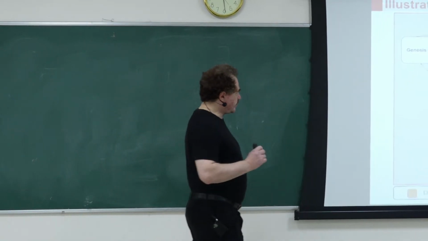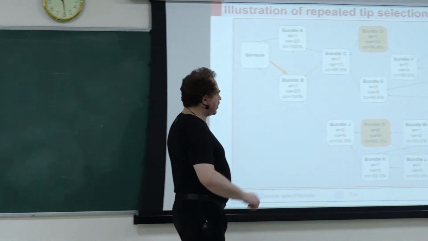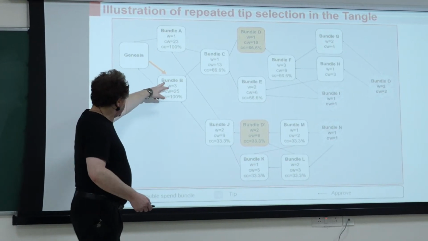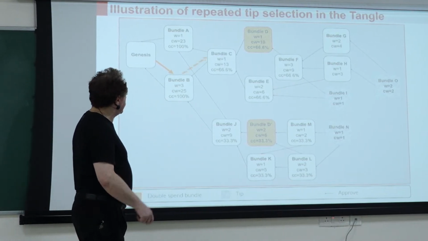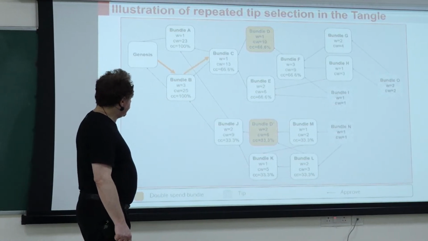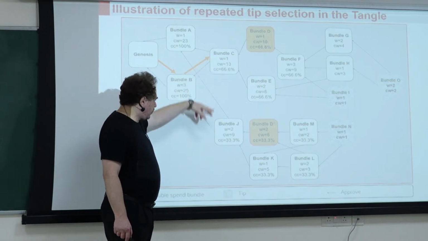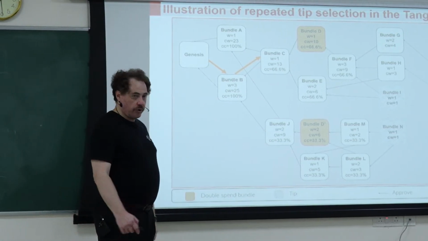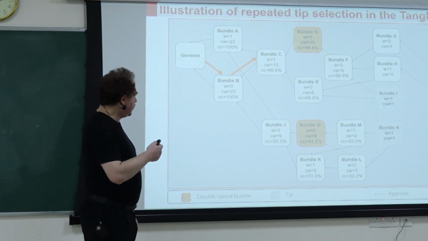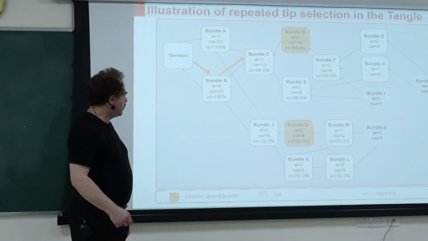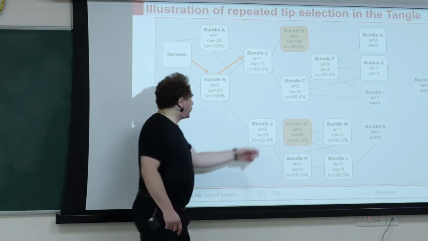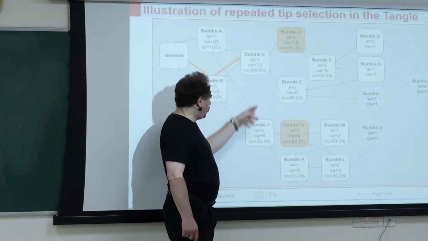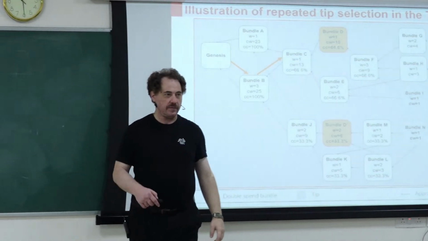It's governed by weights. And that's why the random walk in IOTA is called weighted. Okay, suppose I selected bundle B. Then, from bundle B, I can go to bundle C or bundle J. I toss another coin, select C. Even though C is less likely than J, it has a lower weight, but the selection is random.